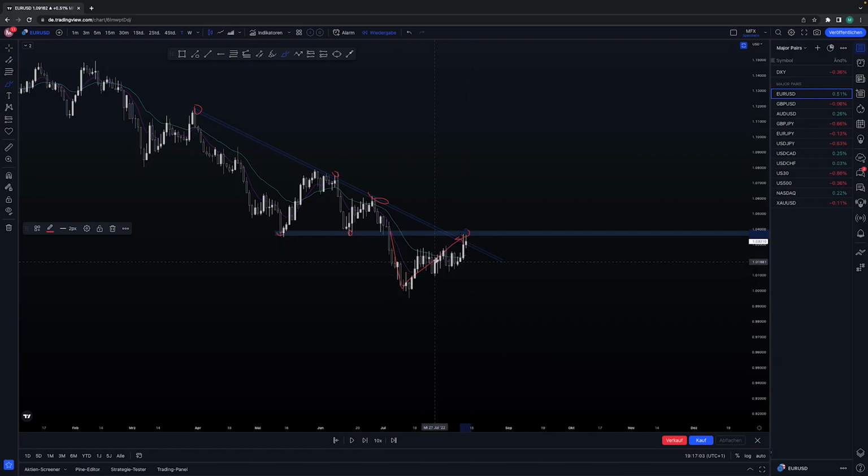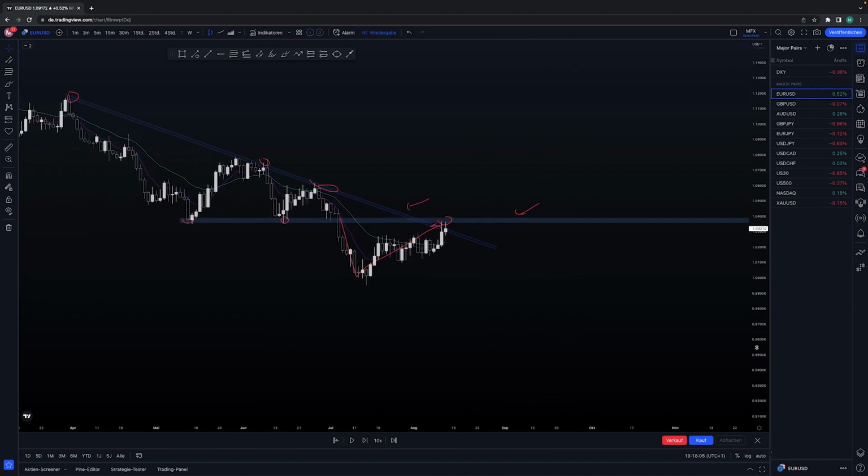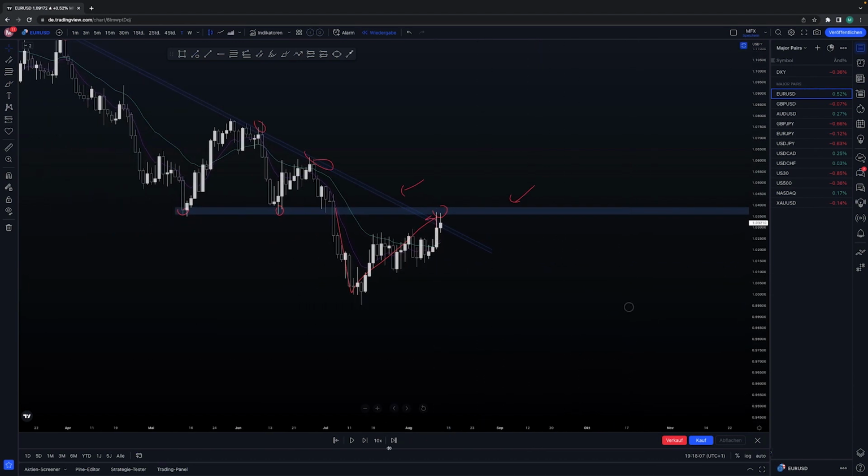So we're coming back up with this corrective move. We're touching this support and resistance area, and we're touching the trend line. So for much further confirmation, you can look out for some candlestick patterns, such as, again, pin bars or engulfing bars. So let's zoom in a little bit, and let's play this out a little bit further.